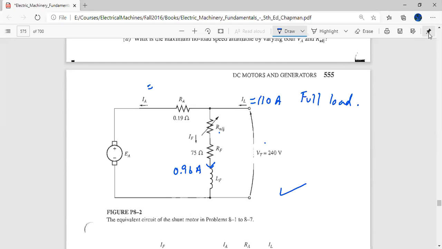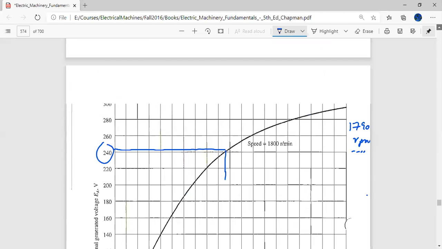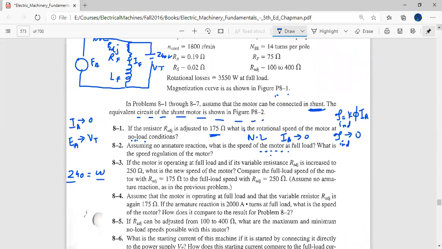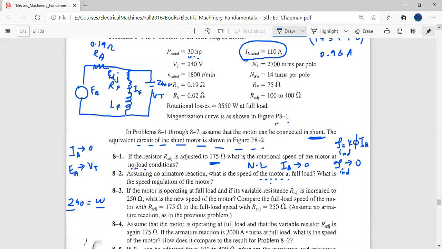Have I changed the R adjustable or the field? Part B: assuming no armature reaction, what is the speed? We haven't changed that. The R adjustable is still at 175 and the field resistance is still at 75.